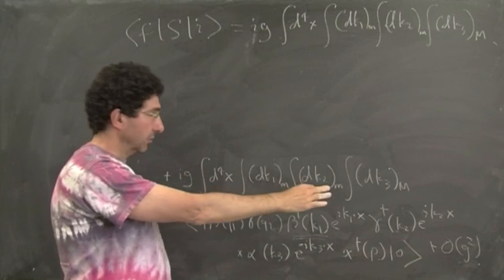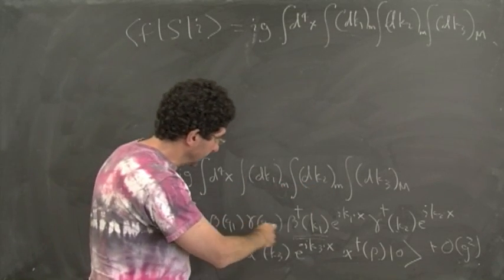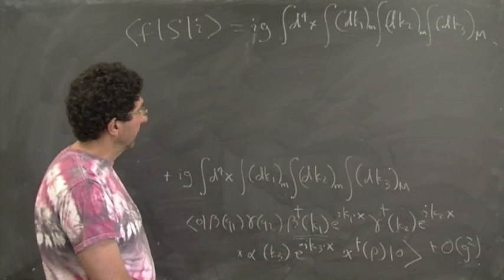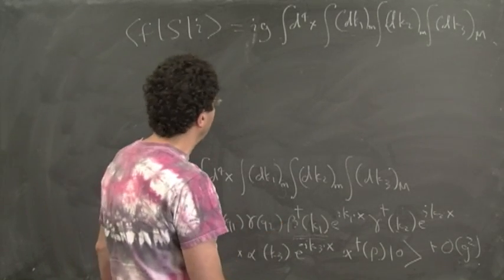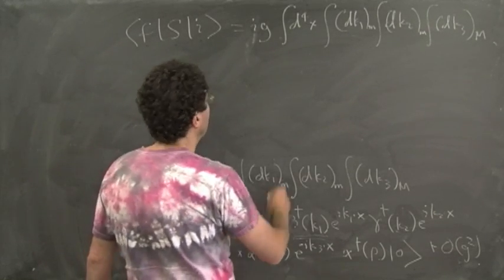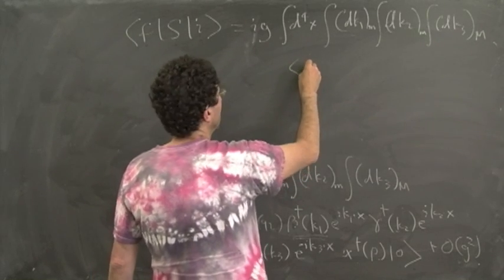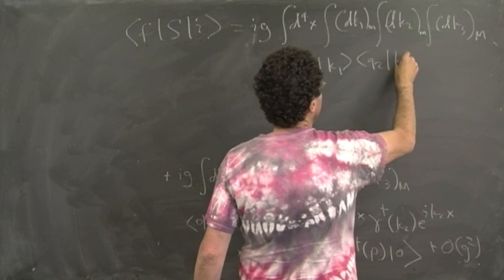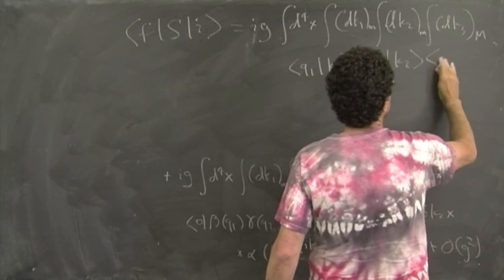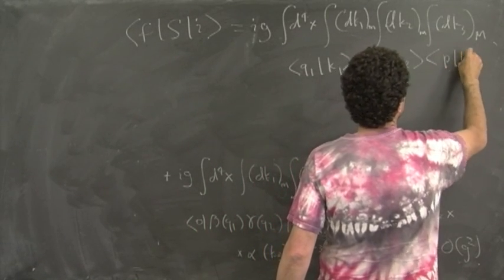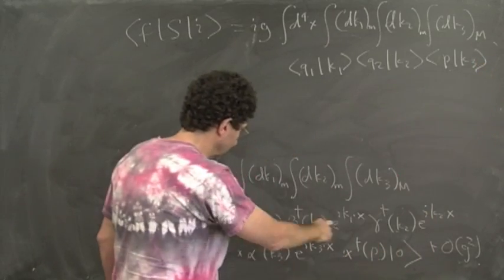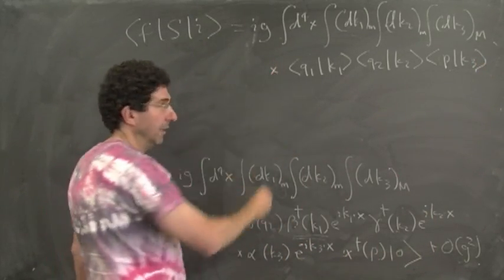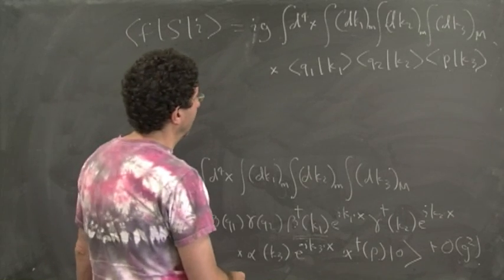So here are my integrals, and then each one of these combinations like beta, beta dagger is just going to give me one of these delta functions. So I am going to get a Q1, K1, a Q2, K2, and a P, K3. Those just come from the terms that I get by multiplying all these things together.